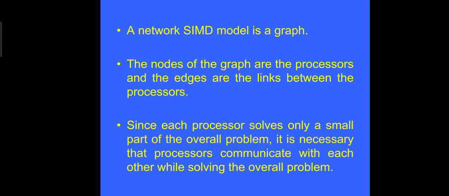We can resemble this SIMD model as a graph in which all the processors represent the nodes of the graph and the edges represent the links between the processors. Since each processor solves a small part of the overall problem, a processor should communicate with others while solving the overall problem. That is a solution we can obtain by means of a SIMD mesh network.